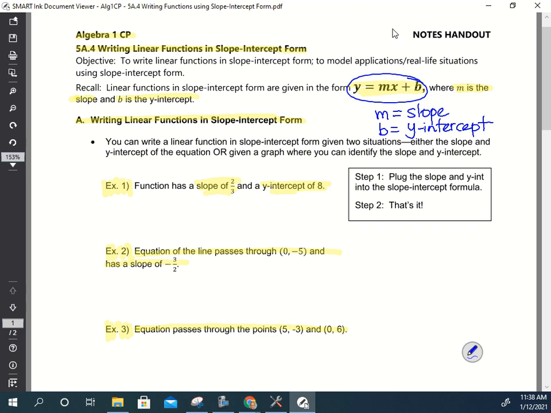So there are two situations in which we can write the function. Either A, you're given the slope and the y-intercept, or you're given a graph in which you can identify the slope and the y-intercept.